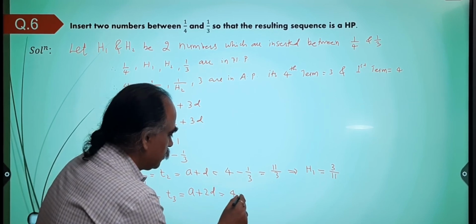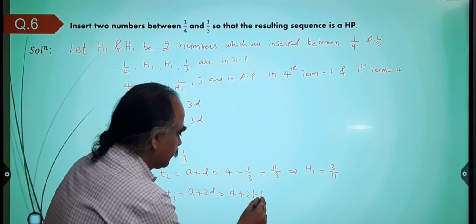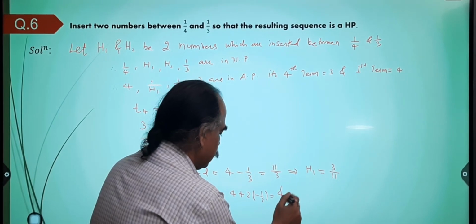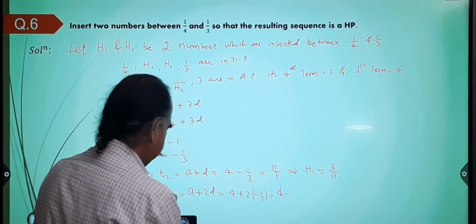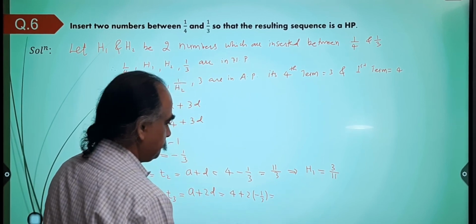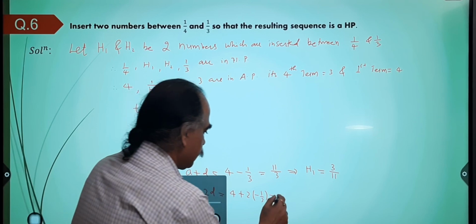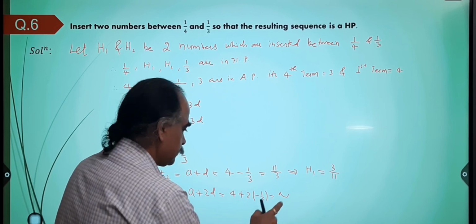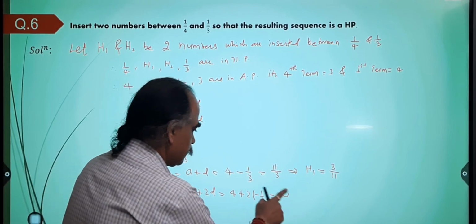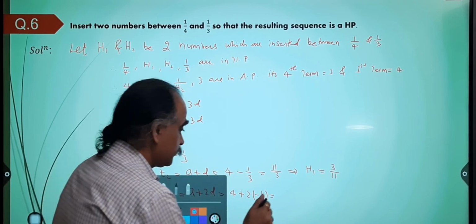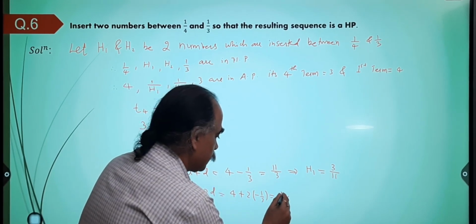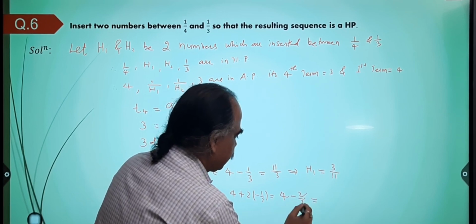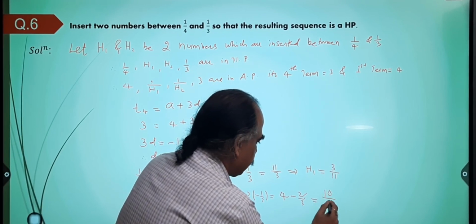A is 4 plus 2 into minus 1 upon 3, which is equal to 4 minus 2 upon 3. 12 minus 2, 10 upon 3.